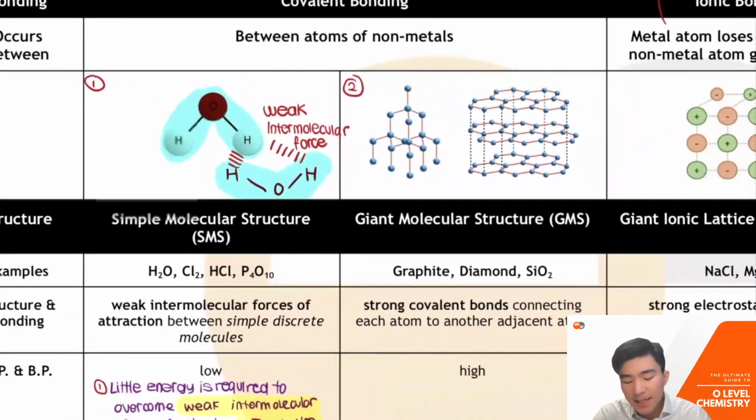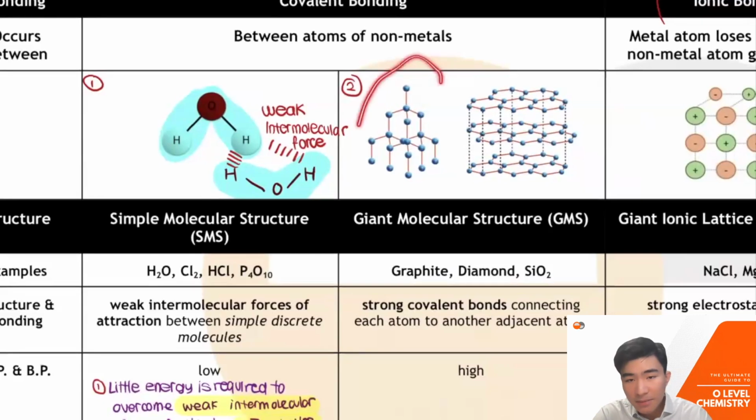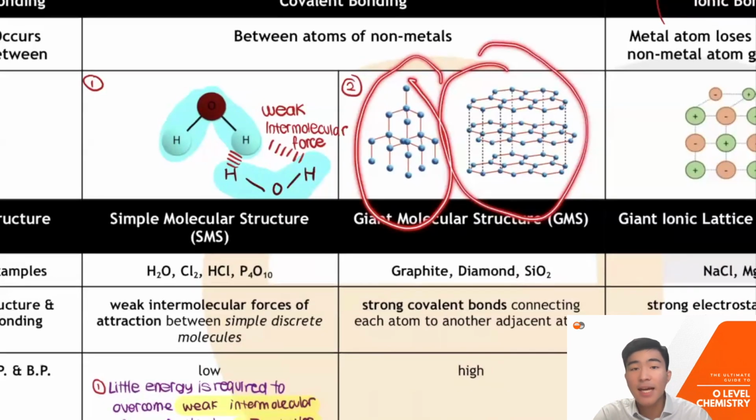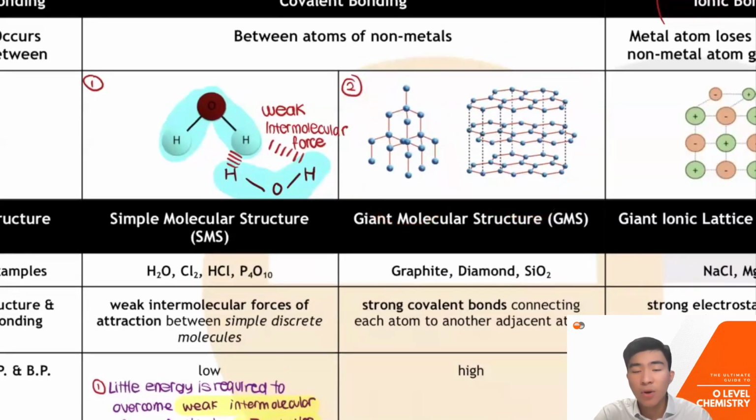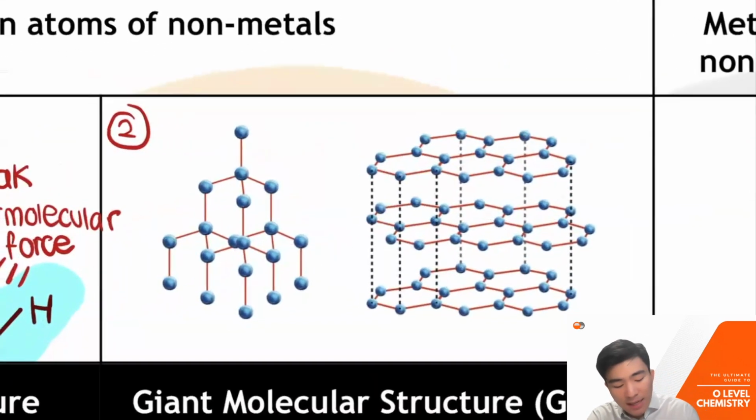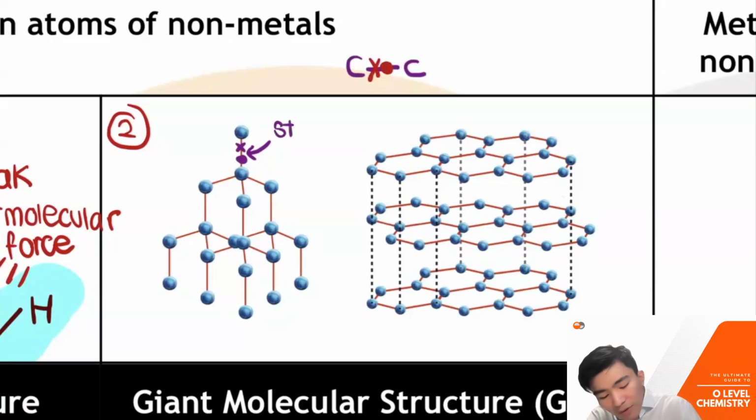Next, we look at giant molecular structure. Basically, it is a very big group of atoms that are joined together by covalent bond. So we zoom in, can you see each of these lines represent a dot and cross? Same like your organic chemistry, carbon to carbon bond represent a dot and cross. This represents a strong covalent bond.